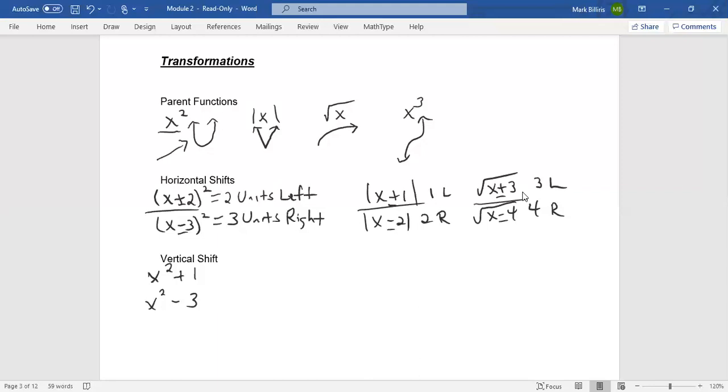Same with the -3. So in these cases, these are vertical shifts, so it would shift our graph up or down. So in the first example, our graph would shift up 1 unit since it's plus. In the second example, our graph would shift down 3 units since it's subtraction. Again, absolute value.